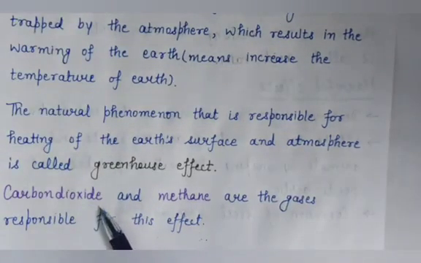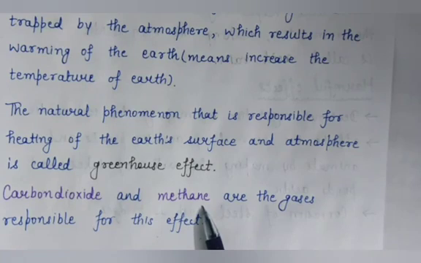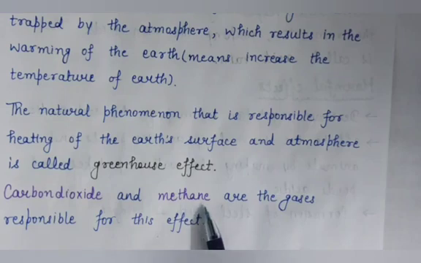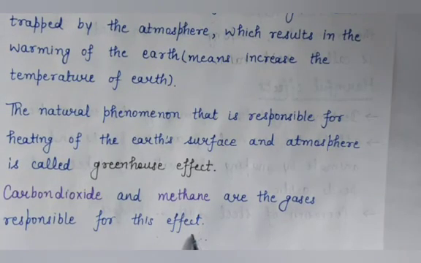And the level of carbon dioxide and methane gas is increasing day by day in our atmosphere due to burning of fossil fuels. Because of burning of fossil fuels, methane gas is produced. Means the level of these greenhouse gases increases in the atmosphere day by day. Means this greenhouse effect occurs due to air pollution. That's why it is also an effect of air pollution.